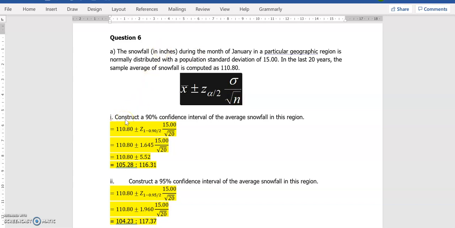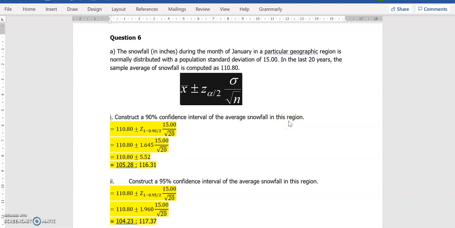So the first question that we have in question 6a is construct a 90% confidence interval of the average snowfall in this particular region.